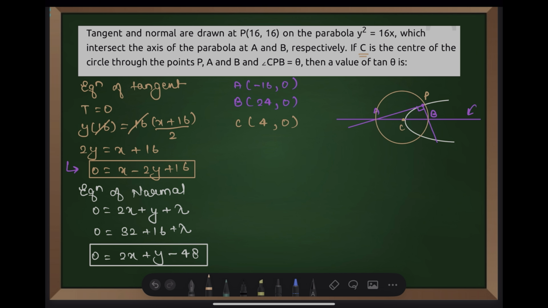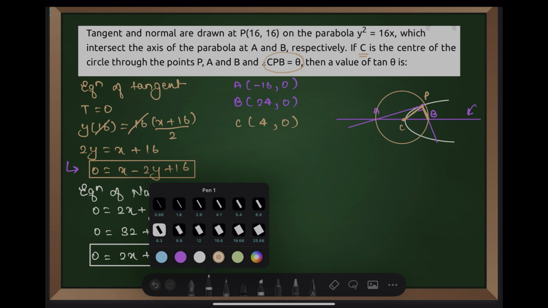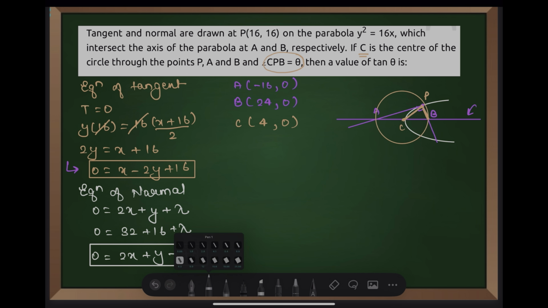Now you are interested in the angle CPB. This is the angle I'm talking about. So can you tell me the slope of PC?